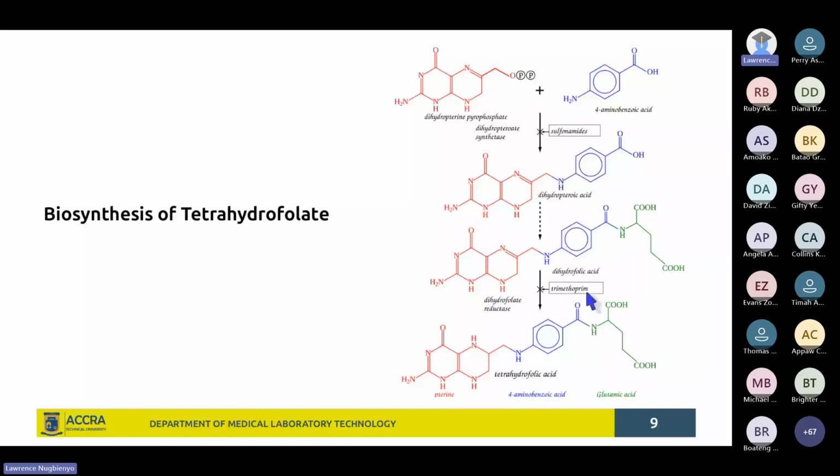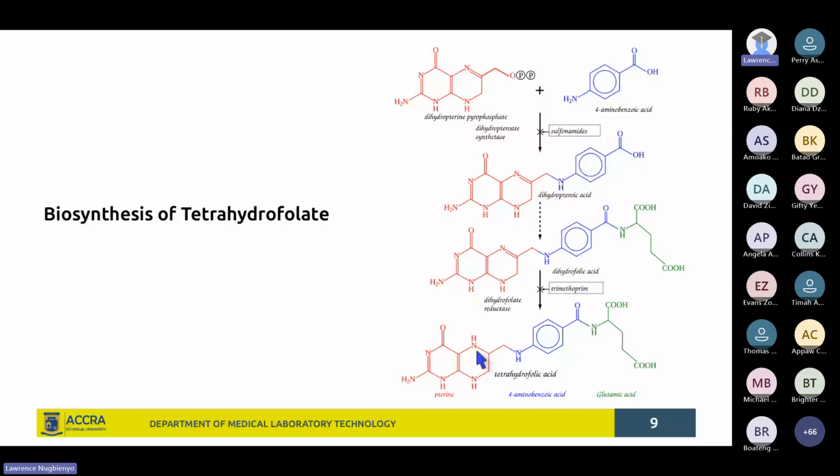Trimethoprim is also an antibiotic, which also serves as an inhibitor to this enzyme, dihydrofolate reductase, which is responsible for catalyzing this reaction. It's a reduction reaction where you have a hydrogen added on the nitrogen and the carbon there, so that you have that double bond removed.